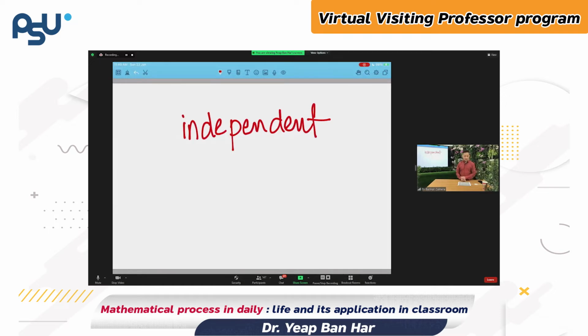Secondly, they found that some students will switch off the camera and we don't know what they are doing. So the second thing is the teacher cannot see what the students are doing.